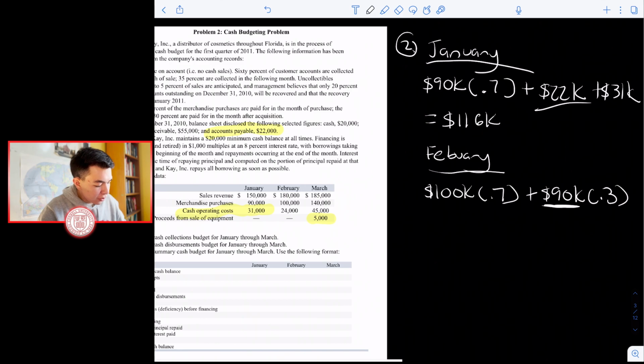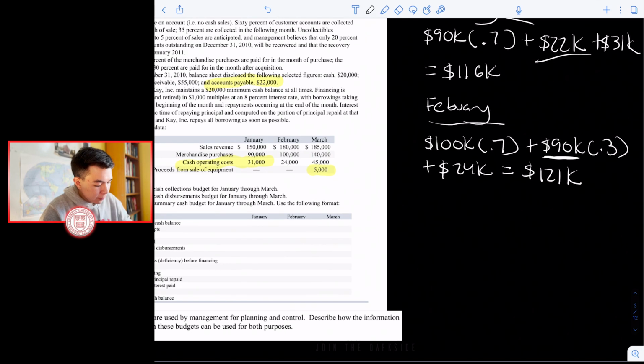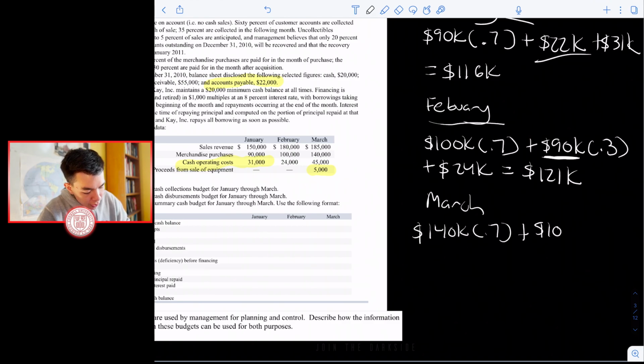So it looks like I forgot something here. I also got to add in my cash operating costs. That's gonna be $24,000. And when you add that all up, you get $121,000.